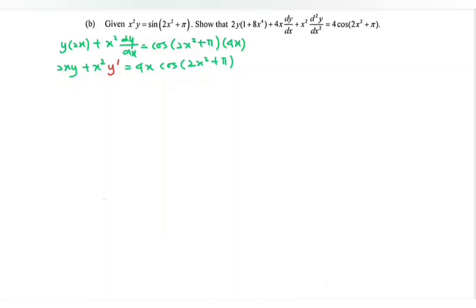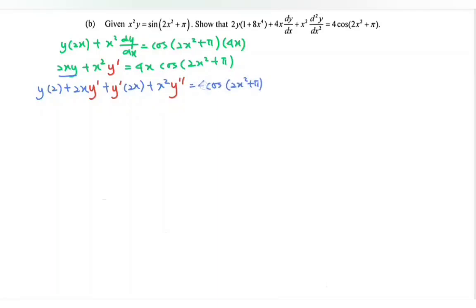Next, focus on the second derivative. So refers to this part, and we will have y bracket 2, plus we have the 2x. If we differentiate the y, we will have the y prime. Continue. Plus, we have the y prime, then if we differentiate, we will have the 2x. Plus, we have the x squared. If we differentiate the y prime, we will have y double prime, which is the second derivative. Continue. We have the cos bracket 2x squared plus pi.